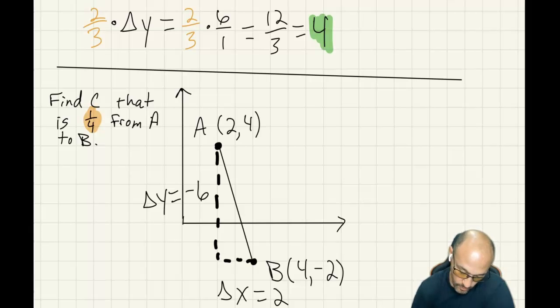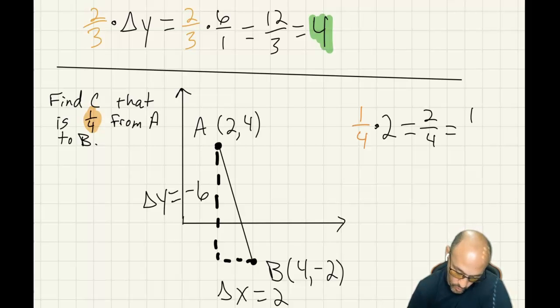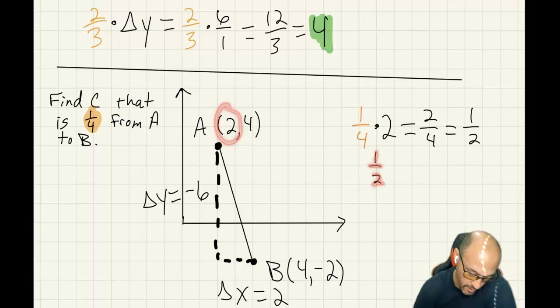So we have 1/4 times our delta x is 2, and that's going to be 2/4, which is 1/2. Now we take that 1/2 and we add it to the x value where we're starting from.